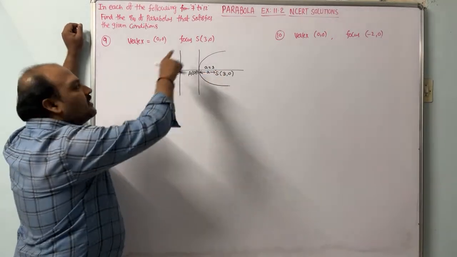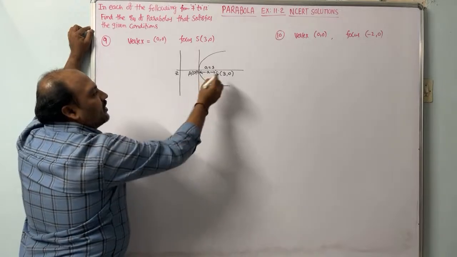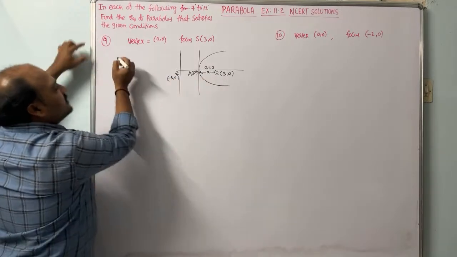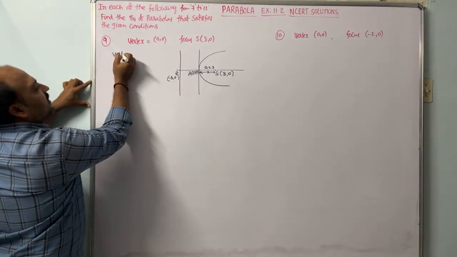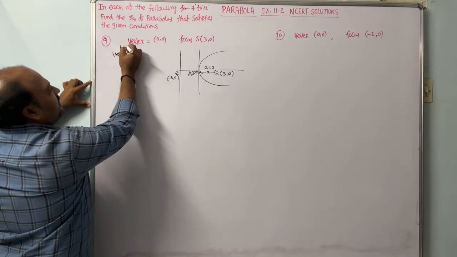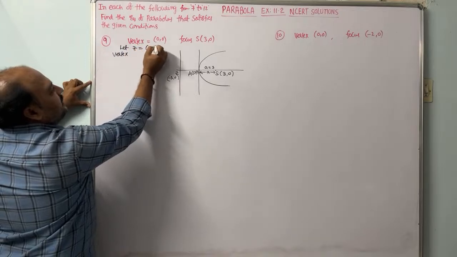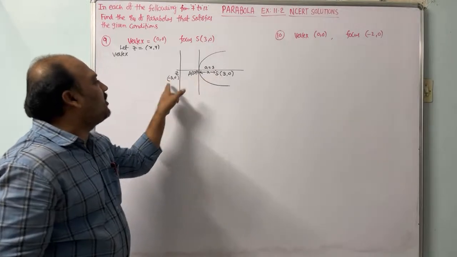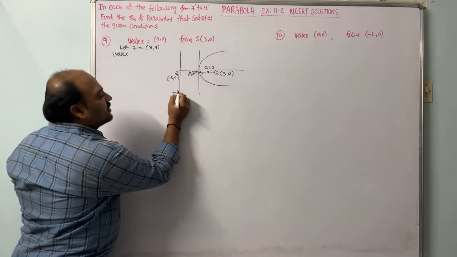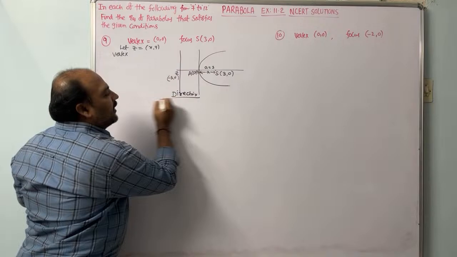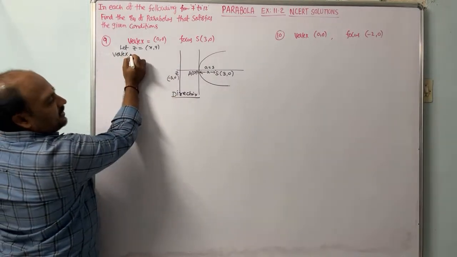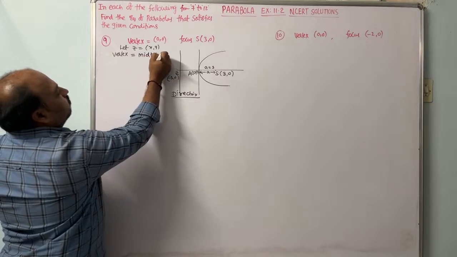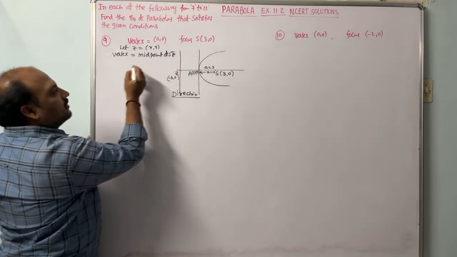So one vertex and focus is given. So Z coordinates we will get as minus 3, 0. Why? Because vertex, let Z be equal to (x, y). A is the midpoint of SZ. This is the directrix equation, dear students. Vertex is equal to the midpoint of SZ.